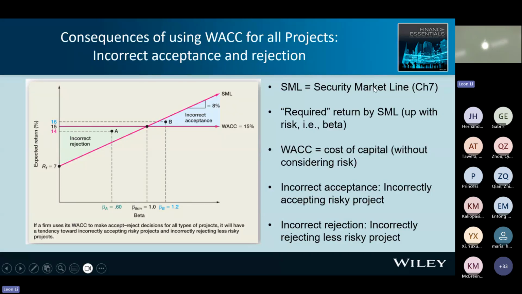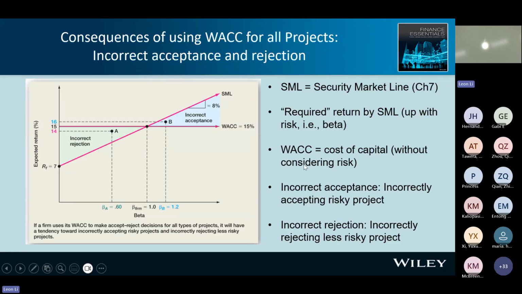The security market line tells us higher risk, higher return. So the security market line shows us the required return. Up with the beta, higher risk, higher required return.